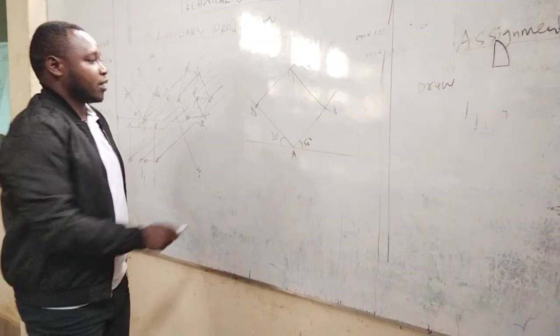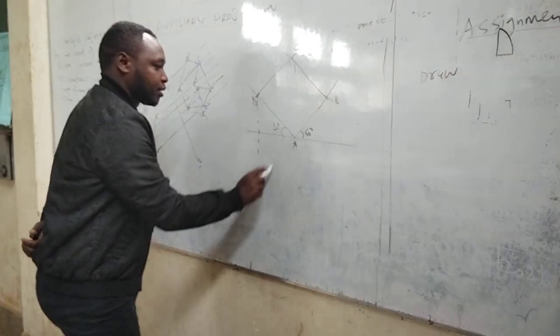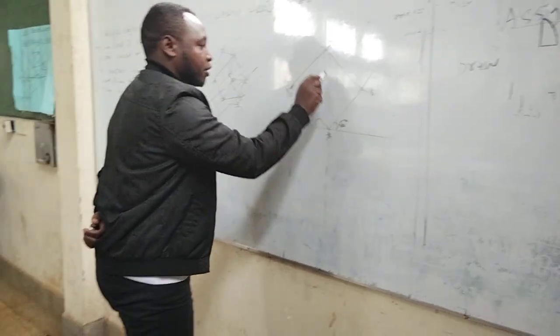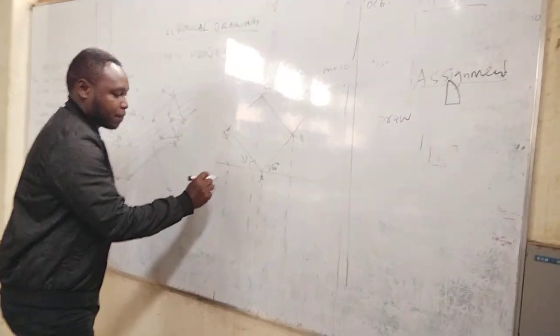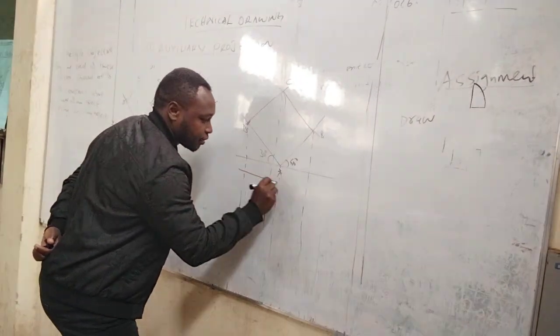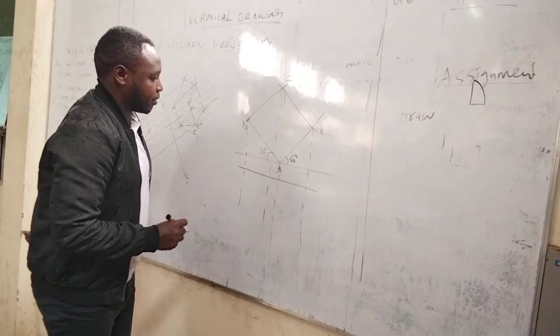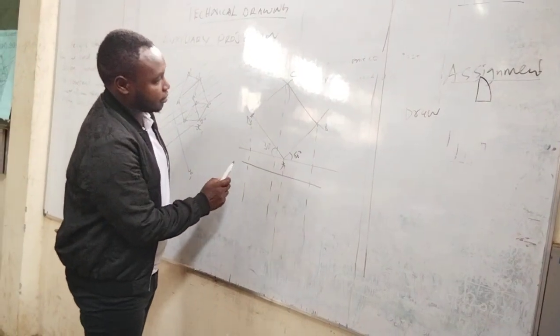Call it C. We project D, we project A, we project C, and we project B to come up with it. Then you draw a baseline here. Draw a baseline there.